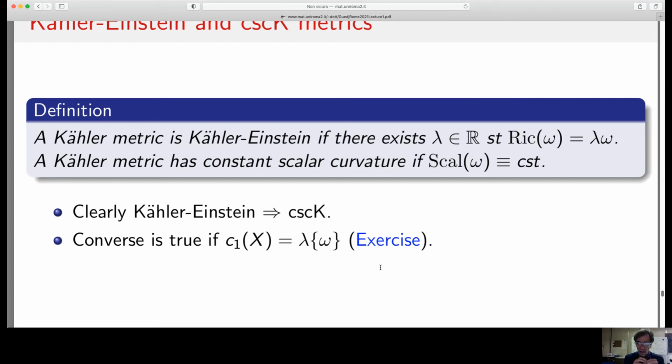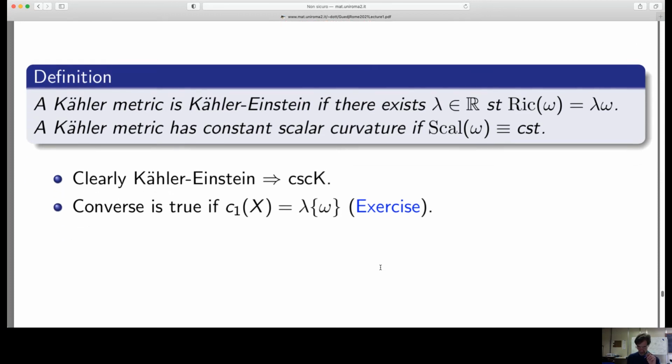Therefore, lambda times the class of omega must be the first Chern class. So this is a topological condition which is not always satisfied. However, if this topological condition is satisfied, and you have a Kahler metric with constant scalar curvature such that the cohomology class of its omega is the given one, then this metric is Kahler-Einstein.